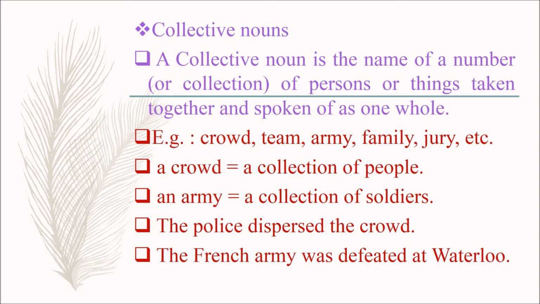Examples: crowd, team, army, family, jury, etc. Here, a crowd means a collection of people, an army means a collection of soldiers. Example sentences: the police dispersed the crowd. The French army was defeated at Waterloo.